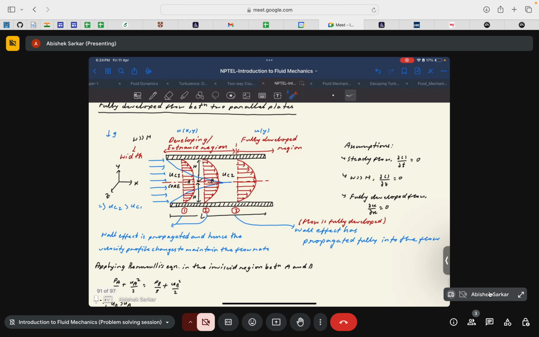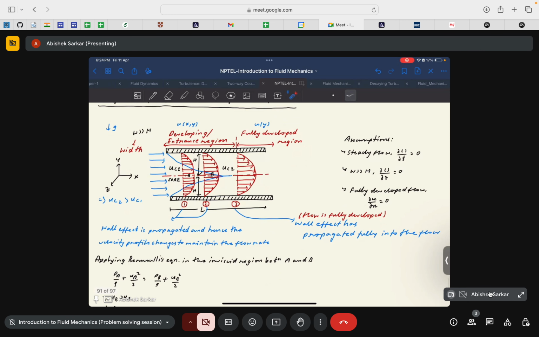As mentioned here, the amount of the viscous region changes from location to location in the developing region. That's why, to maintain the mass flow rate, the velocity profile also changes. Okay, so I hope it is clear till now.